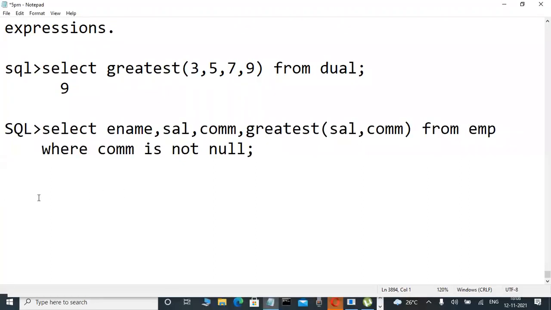GREATEST is important, LEAST is the opposite, nothing else. I'm using GREATEST and LEAST in PL/SQL and in expressions; don't worry. In that case, MAX is not working, so only in that case we use them.